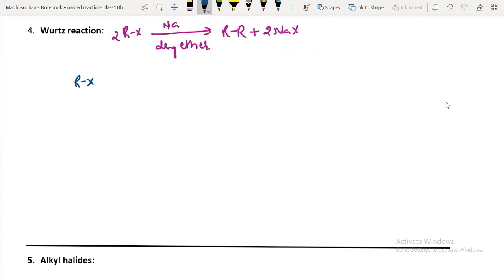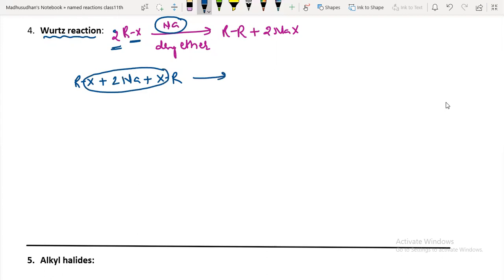This alkyl halide, 2 moles, is involved in this reaction. Generally, they won't mention how many moles are involved here. RX, if sodium is coming, it is Wurtz reaction only, no doubt about it. Okay. So 2 moles of sodium halide are eliminated. So this R and R get connected. You are getting a new C-C bond and 2 moles of sodium halide.